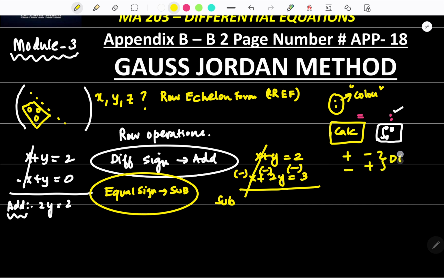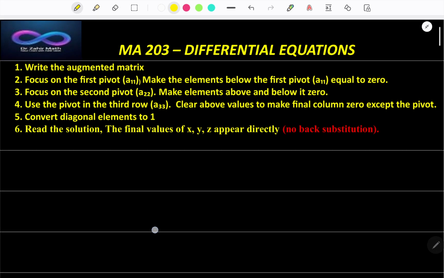This is called different sign. And here plus, here plus, here minus, here minus, this is called the same sign. If different sign comes, you're going to add, meaning plus. If same sign comes, you're going to subtract, meaning minus. Clear, everybody?